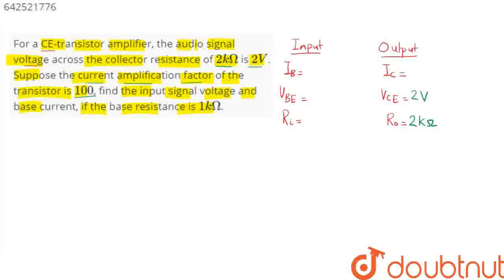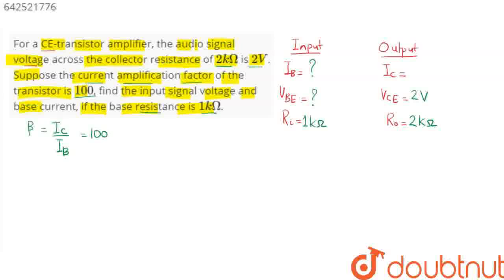So current amplification factor, which is our beta, is equal to output current divided by input current, that is IC by IB, given as 100. Now we need to find the input signal voltage, that is VBE, and the base current as IB. The base resistance, that is input resistance, is given as 1 kilo ohm.